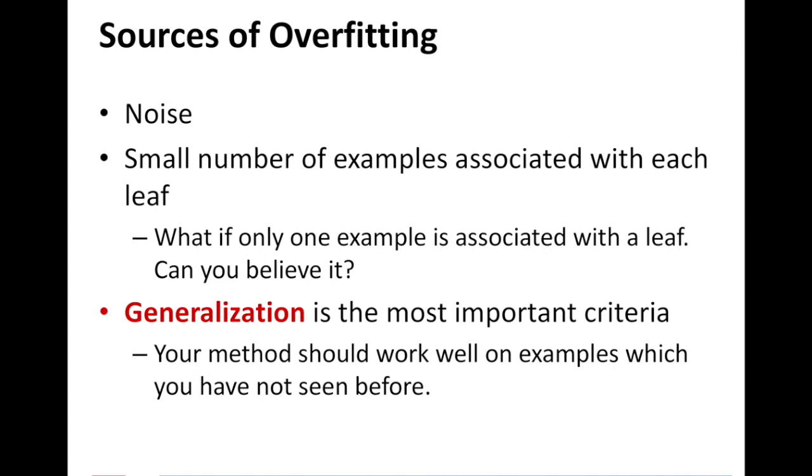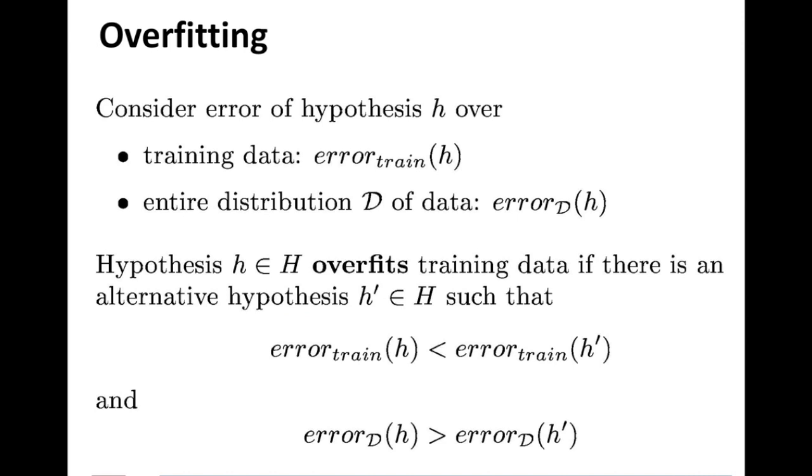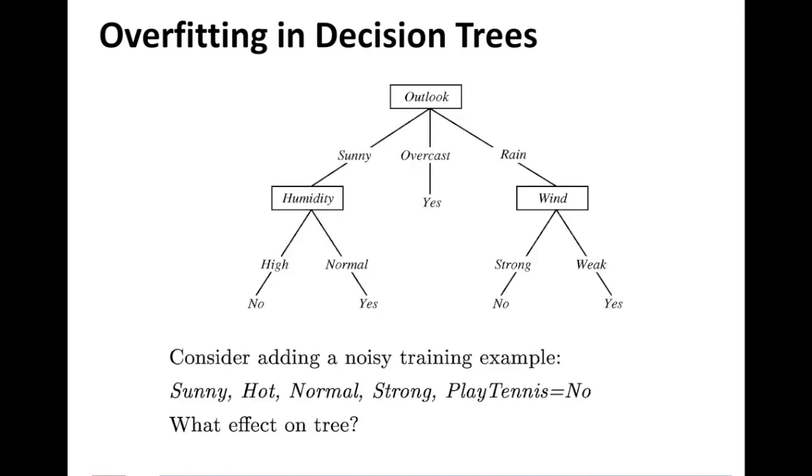For example, I'm going to go back and look at the tree just to give you an example. So let's consider the leftmost branch in the tree. Outlook is sunny, humidity is high, and the decision is no. So let's say this branch and this leaf node corresponds to only, let's say, 2 or 3 data instances.